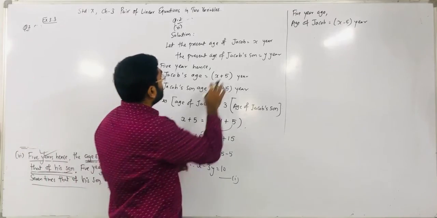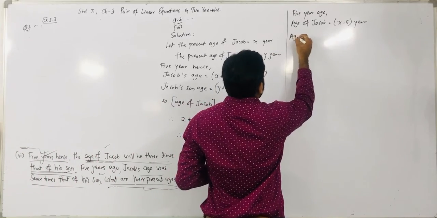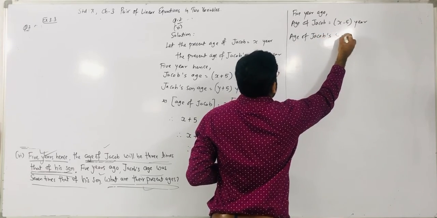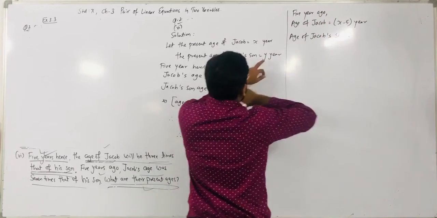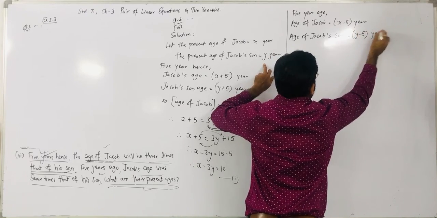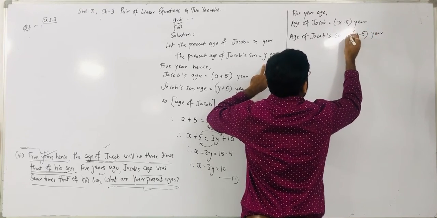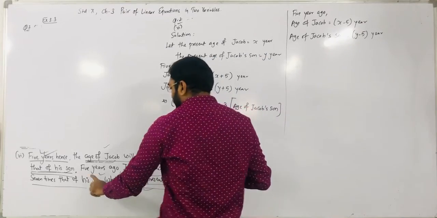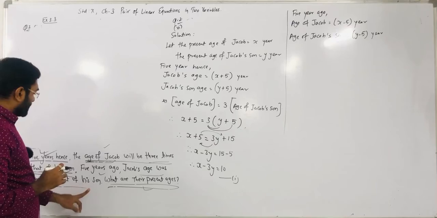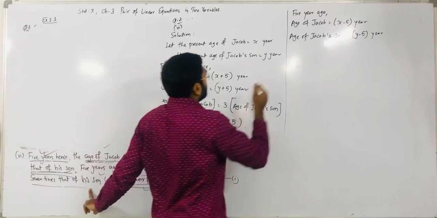And Jacob's son, age of Jacob's son 5 years ago is what? Right now the present is y years, so 5 years ago y minus 5. Okay. Now read the condition: 5 years ago Jacob's age was 7 times that of his son. So we have to make a condition.